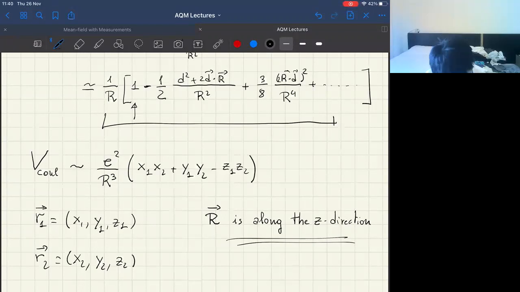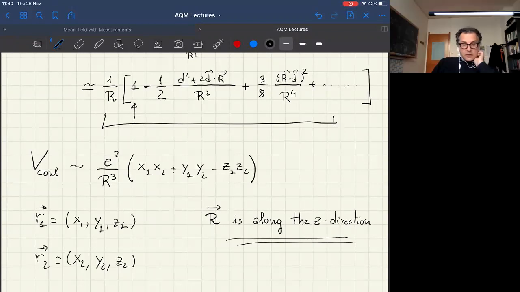Okay. Now, this dipole-dipole interaction has a small parameter. This is important because you see here, there is no small parameter related to some coupling constant. The small parameter is related to the fact that the relative distance electron-nucleus is much, much smaller than the distance between the two atoms.